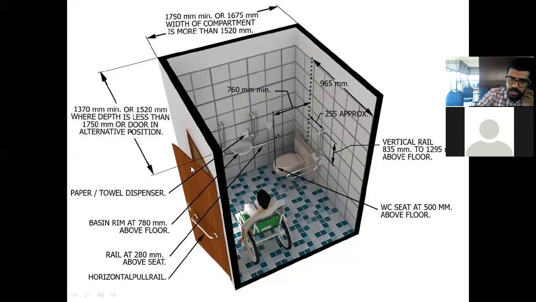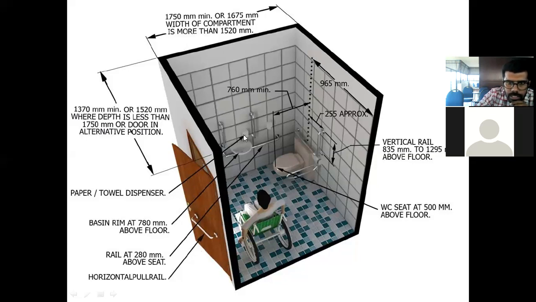So minimum it should be 1370 mm. When the depth is less than 1750, you can use 1520. If a door is there also, you have to do like that.